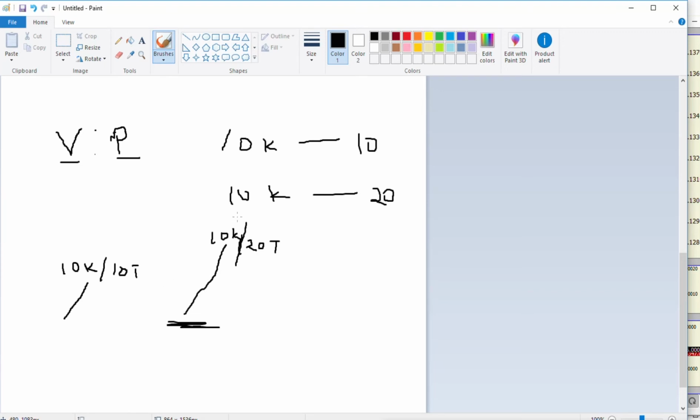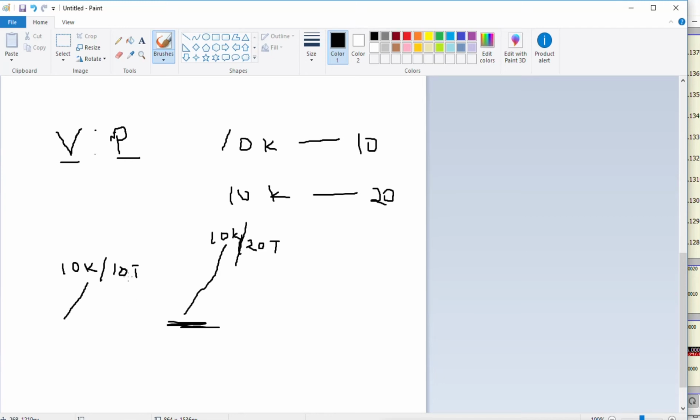Now remember this: at each price you have supply and demand. At each level of those 10 ticks or 20 ticks, you have supply and demand. So given this information, if you see a wave that goes 20 ticks, and then a wave that only goes 10 ticks, what can you say about supply and demand?